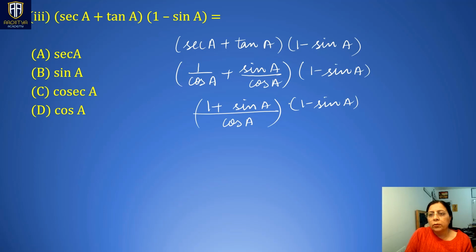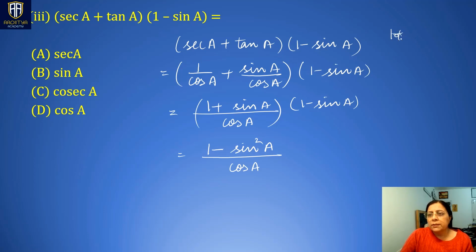Now if you check for the numerator, we have 2 brackets in the numerator, which is 1 plus sine A and 1 minus sine A, which gives us a plus b, a minus b. So we can write this as a square minus b square. 1 square is 1 minus sine square A upon cos A. And what happens? This is the identity.